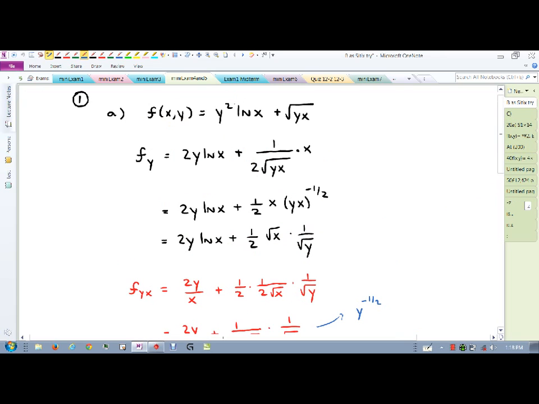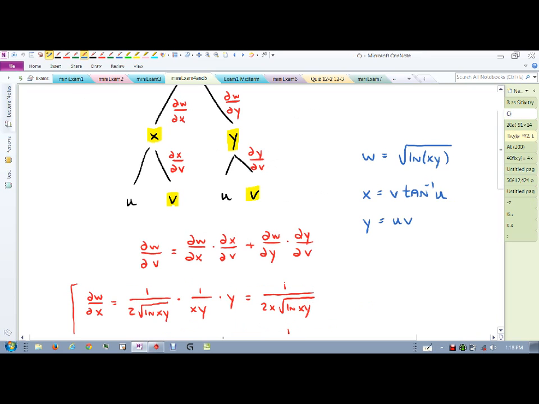I think it might have been the first one, about acceleration, where the particle's moving.